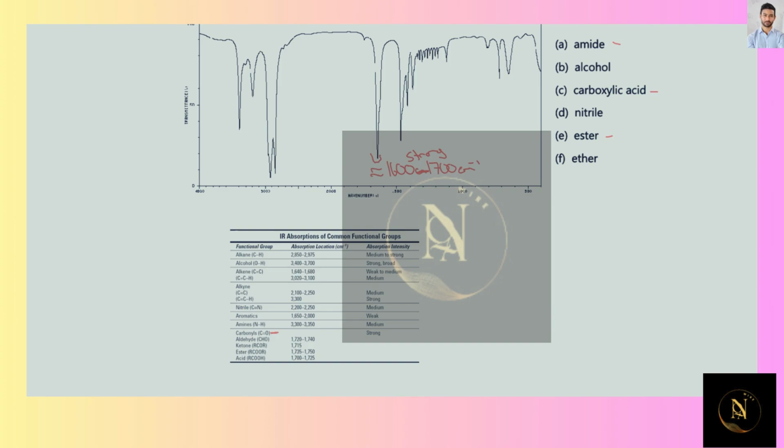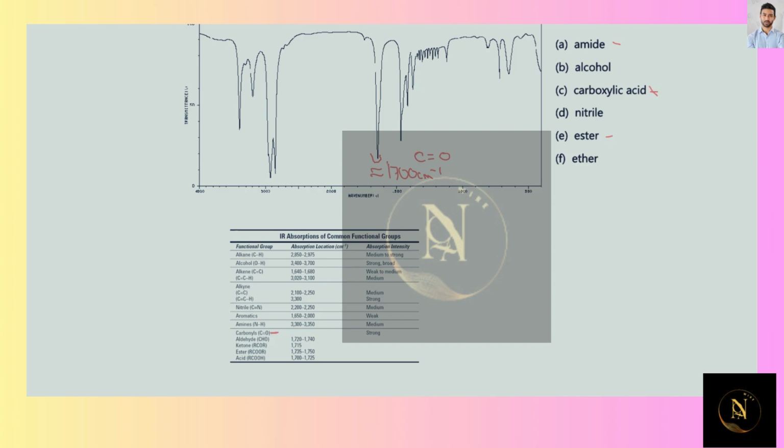So right away, without doing any further calculations, we can directly discard the presence of a carboxylic acid because we know that the carboxylic acid is going to have a very broad signal in around this region, right? So, first of all, this is going to be a carbon double bond oxygen stretching or tension that we're going to have.